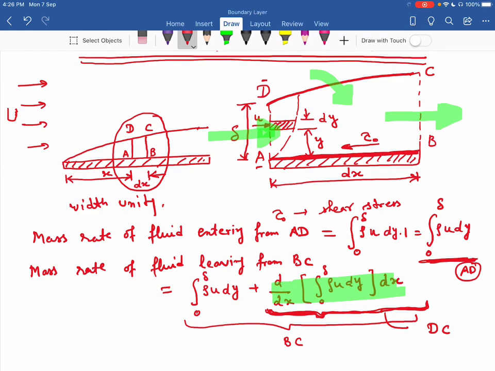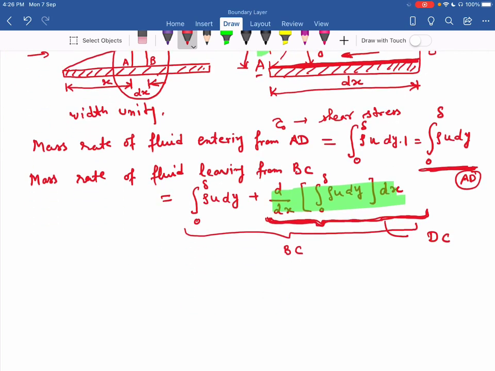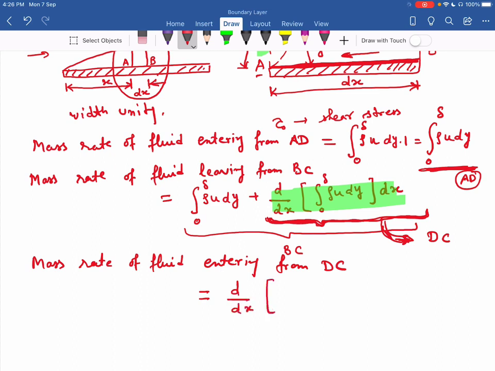So the mass rate of fluid entering from DC comes out to be d by dx of the integral of rho u dy dx, with limits y from 0 to delta. So this is the mass entering from AD, mass leaving from BC, and mass entering from DC.